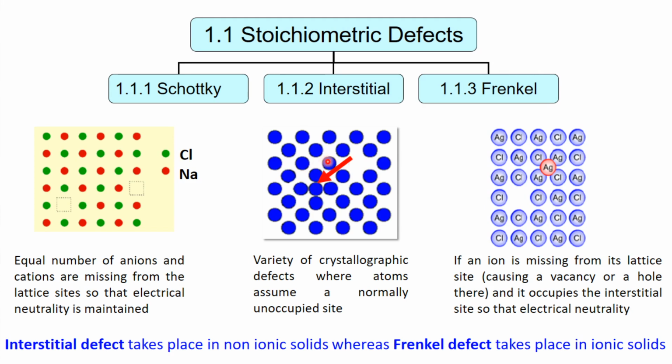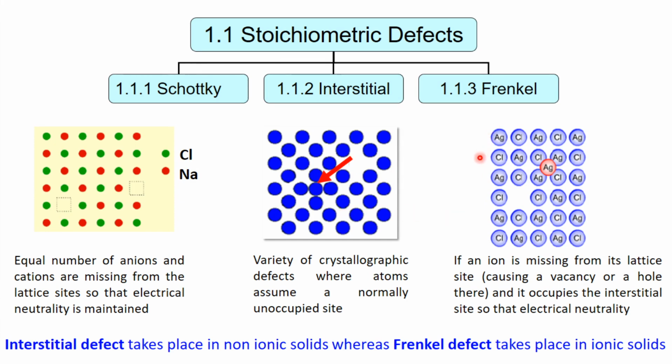So this type of defect in which an atom is missing from a normal site and is occupied at an unusual site is called interstitial defect. And this is also a stoichiometric defect because the total number of atoms, the stoichiometry, is not disturbed.